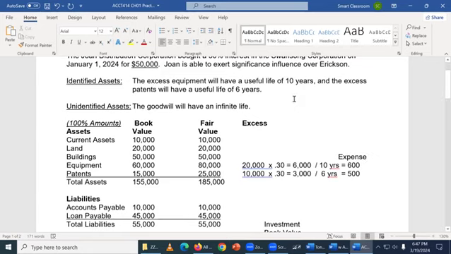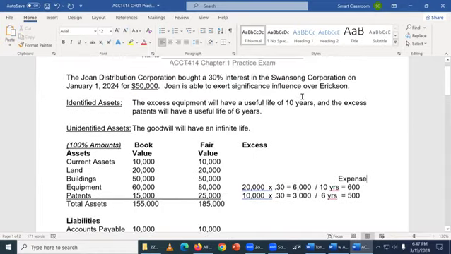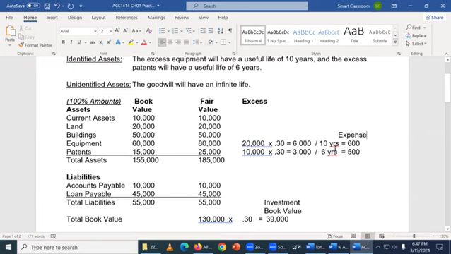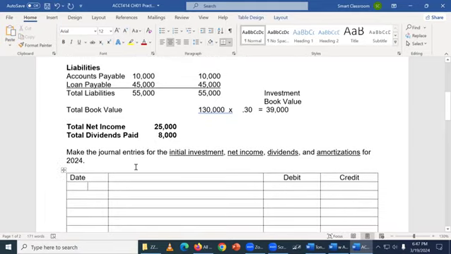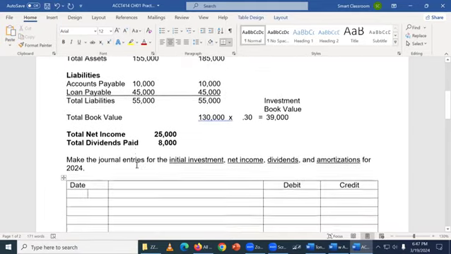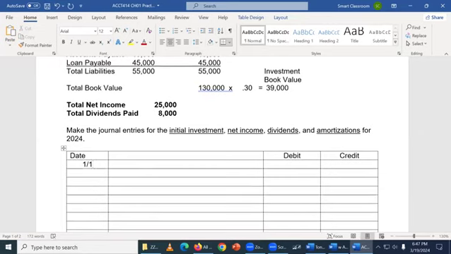I think we've got all the numbers we need to do the journal entries. Paid 50,000. This is 1-1, I assume. So we bought this investment. It's an equity investment.